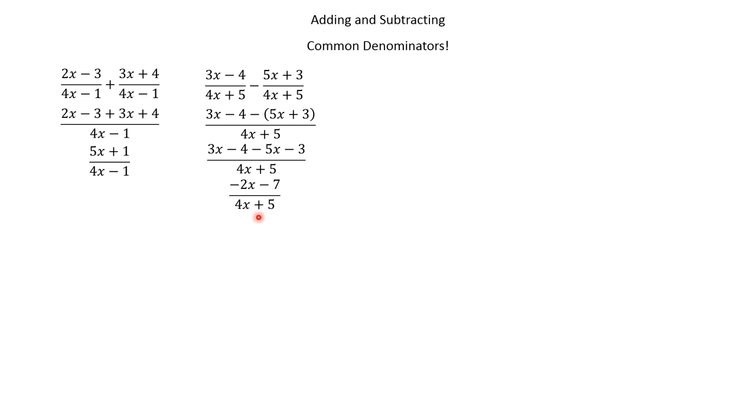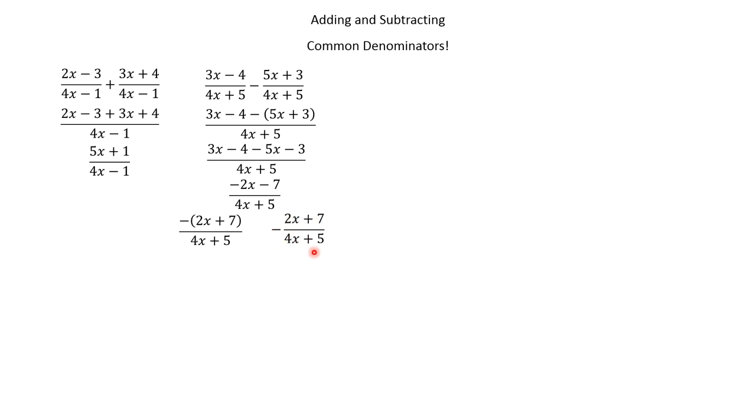Other ways you could rewrite this negative 2x minus 7: hey, they both have negative. You could factor that negative out and leave it on top. Or you could take that negative and bring it out to the front once it's factored out. Notice these are both plus 7, because if that negative goes up there, it's going to distribute to both of those.